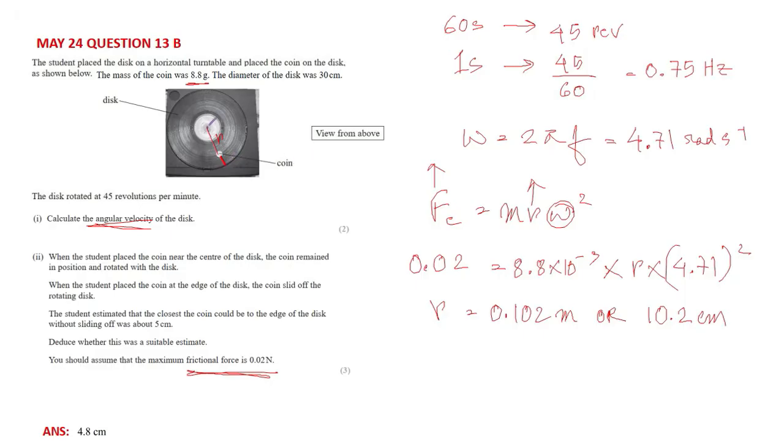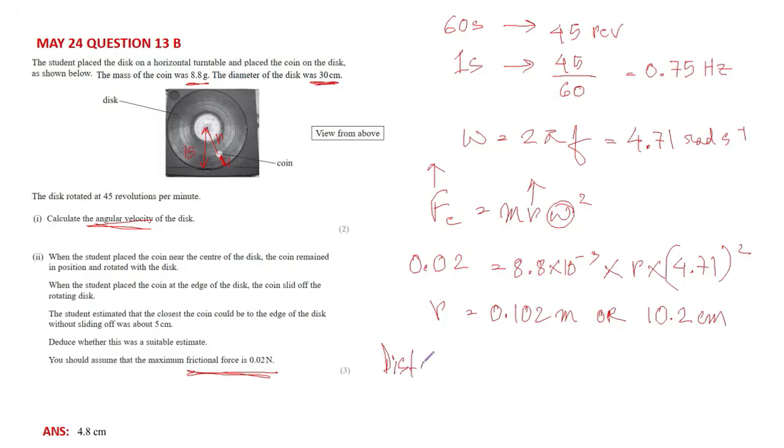So you know the radius. Since the diameter is given, if the diameter is 30 centimeters, the radius is 15 centimeter, right? So 15 minus r gives you the distance that it can be from the edge.